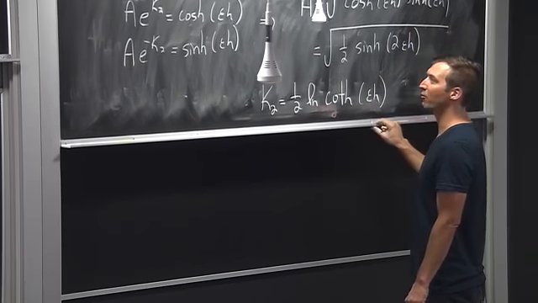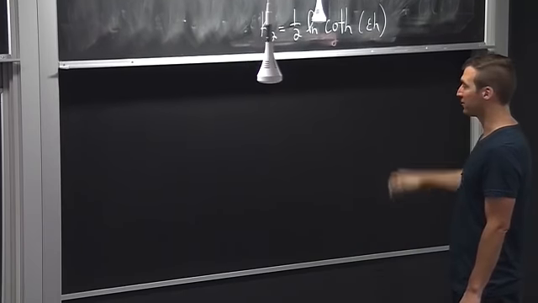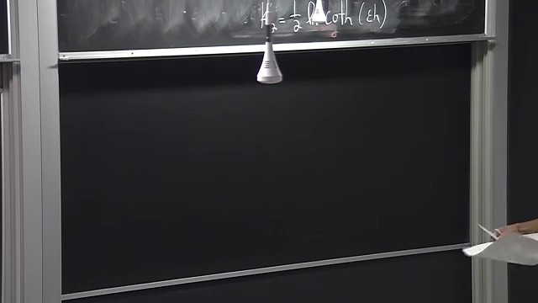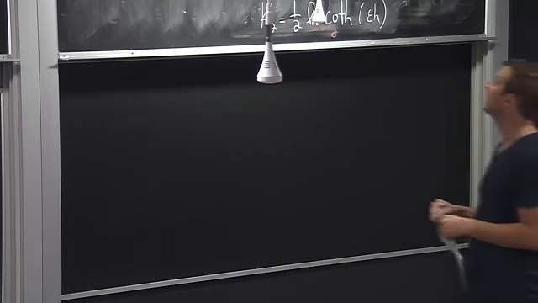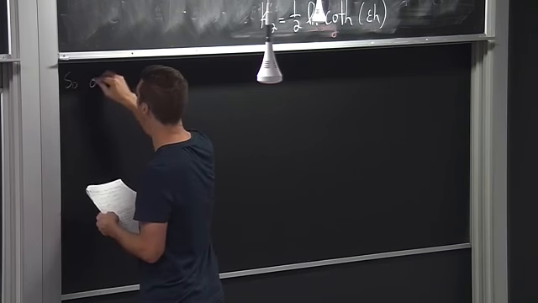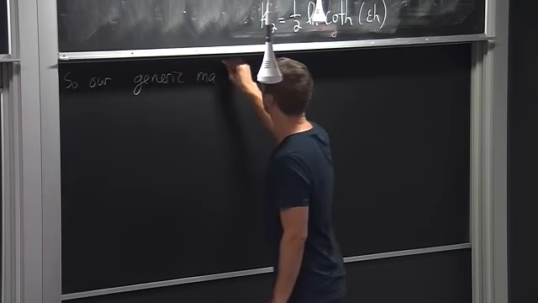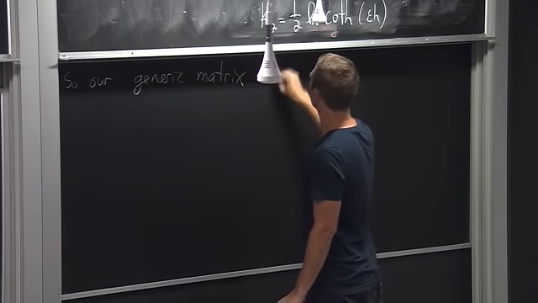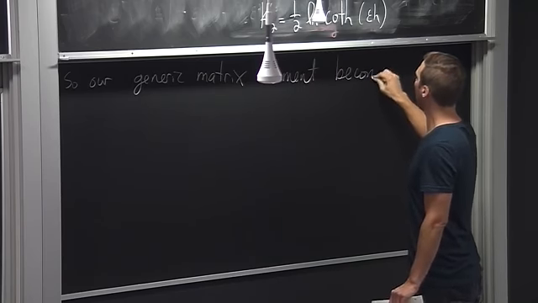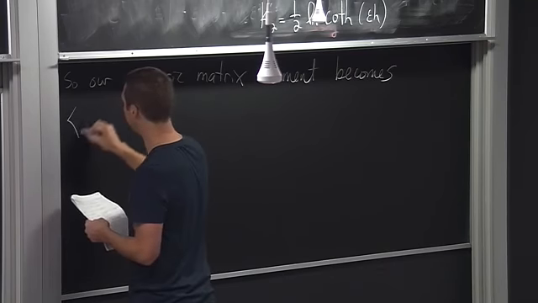What's interesting is that I can write that 2 by 2 matrix C as basically an exponential with sigma prime and sigma as the argument. Okay, so let's just write our generic matrix element.